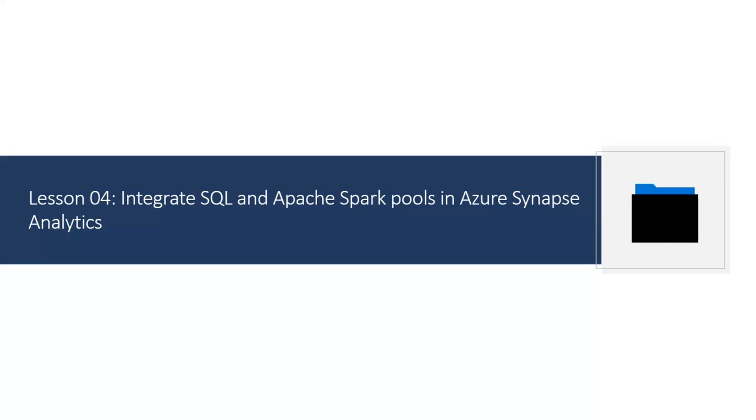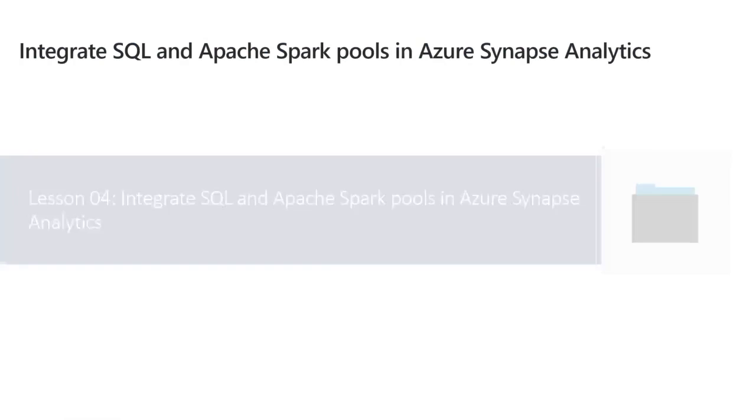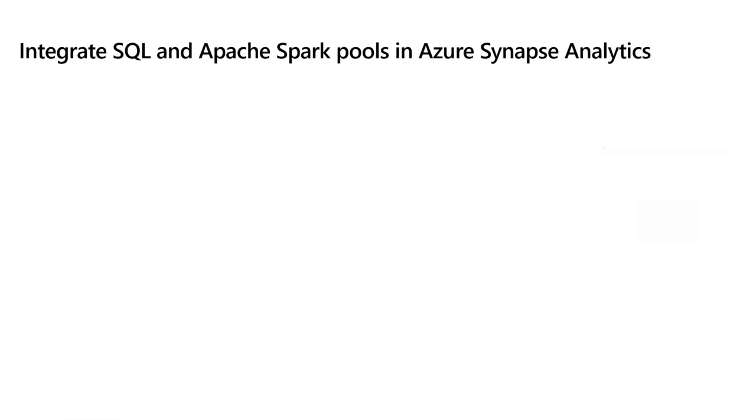So we're gonna talk about integrating SQL and Spark pools in Synapse. And should I remind you, Synapse is something very well suited, for instance, for a data warehouse. Okay. So again, here we have a way of integrating the SQL Spark pool in Synapse Analytics. So you need connectors, right?